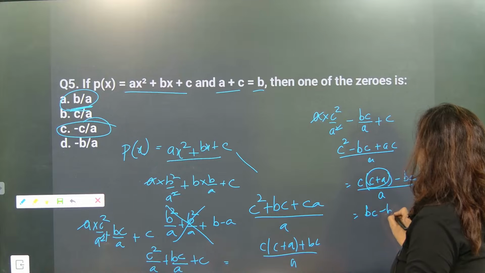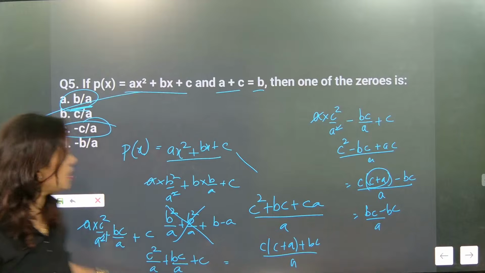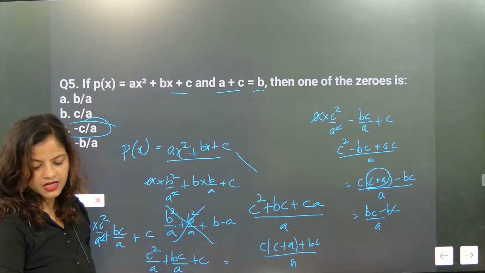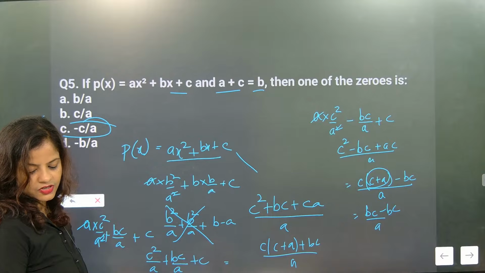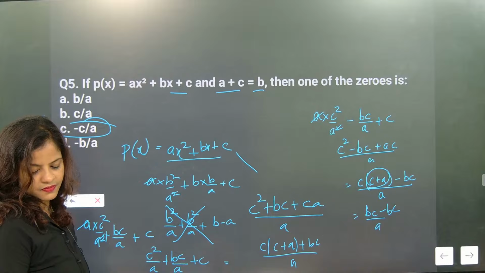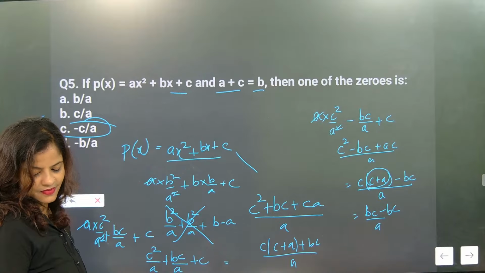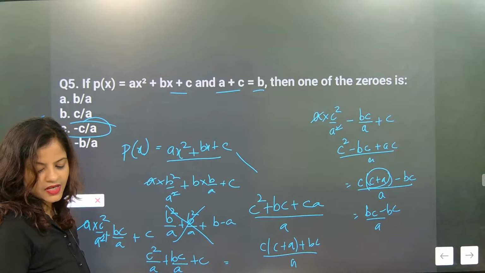So bc minus bc by a. So the correct answer is not this one. The correct answer is C, that is minus c by a. Understood or not? This is the correct one. Yes, C is the answer.